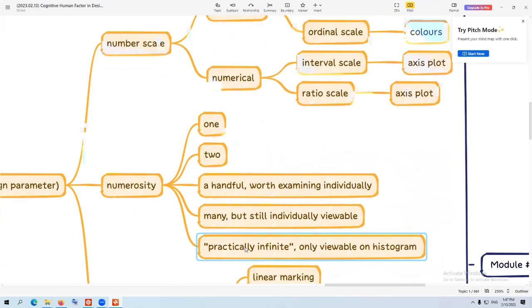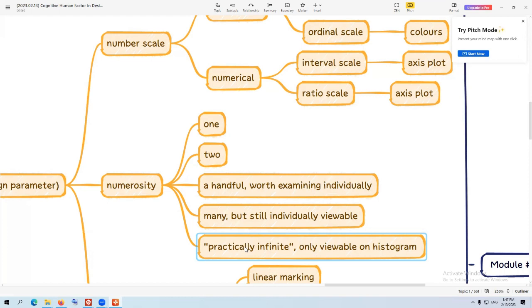Now, this is something I'm going to talk about briefly because you might not get the picture. Sometimes you have to be aware of numerosity, meaning just the number of things. Are you trying to show one thing? Are you trying to show 2 things, that's A versus B? Are you trying to show a handful of things that you can examine in detail?